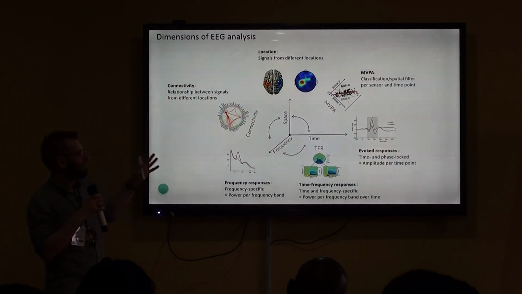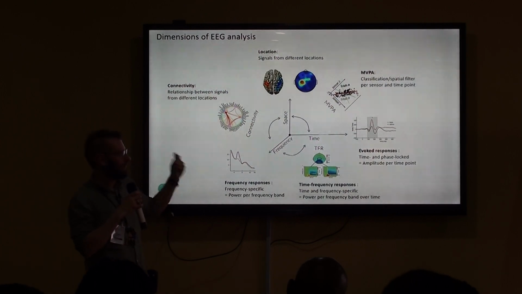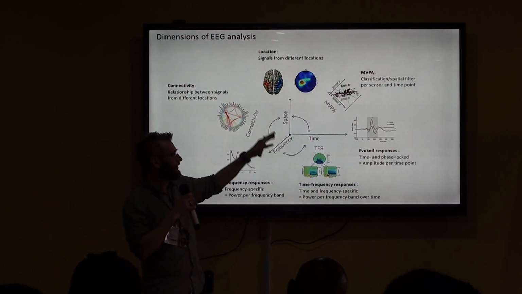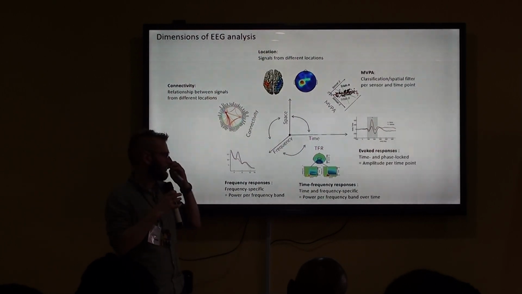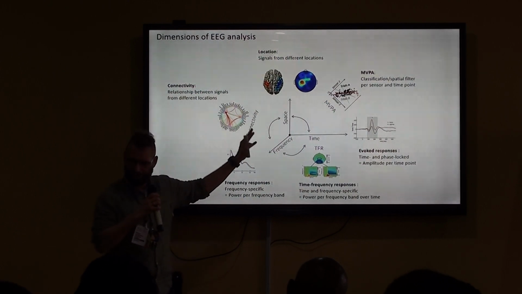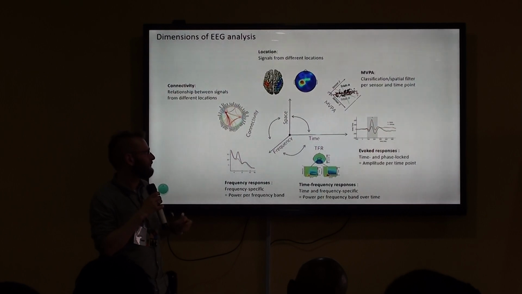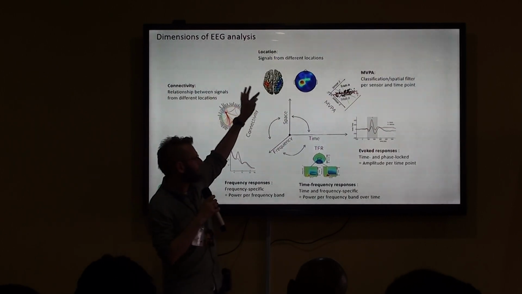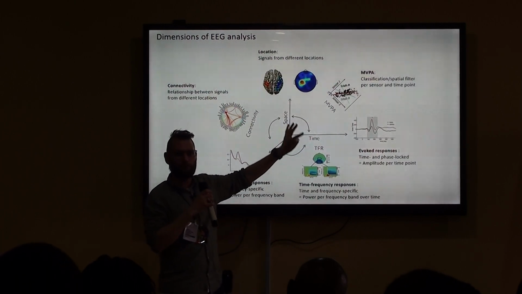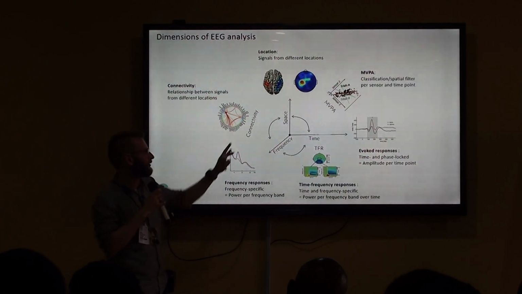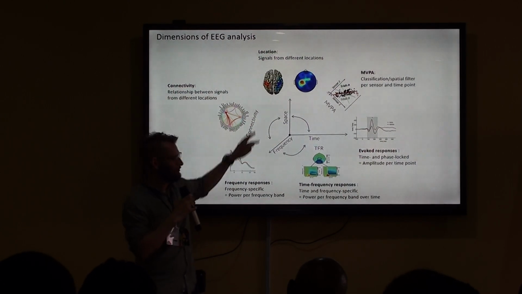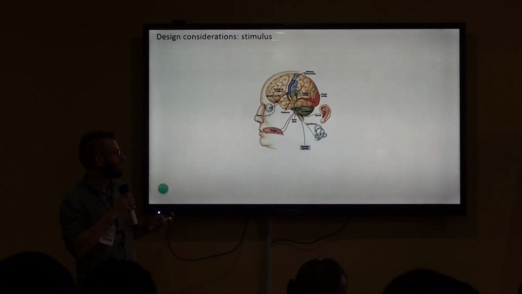I want to stress a method that has become very popular in the last 5 to 10 years: classification, multivariate pattern analysis, or non-linear analysis, or machine learning as it is often called, where we try to use the whole spatial array, and then over time, to classify between different things. So that also falls in between here. So how we want to explore our data, we could think of along these dimensions.